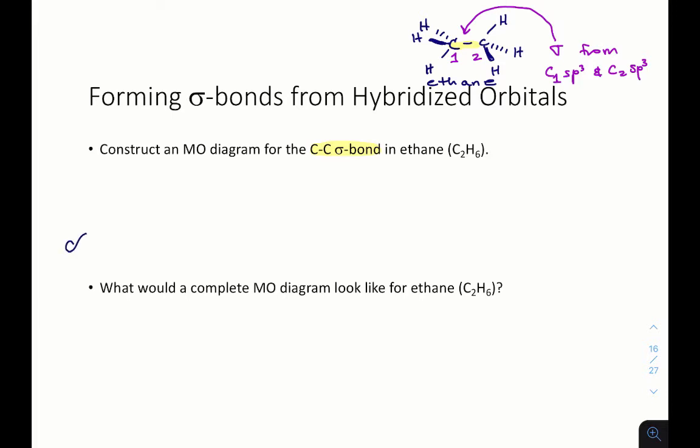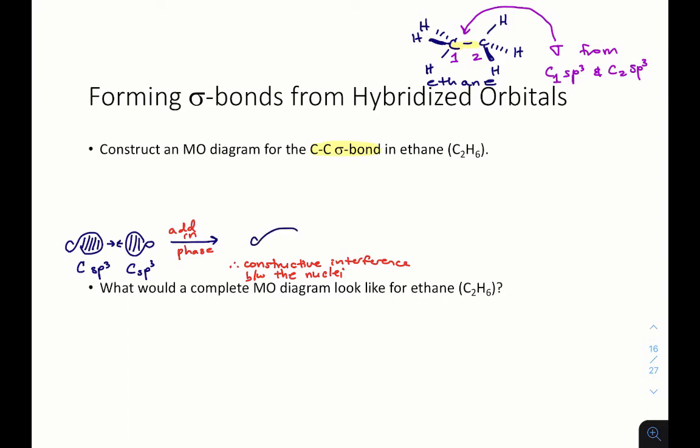There are 2 possibilities when these sp3 orbitals come together in space to make a bond. They can add in phase, resulting in constructive interference between the nuclei, and a sigma CC orbital, a bonding lower energy orbital.